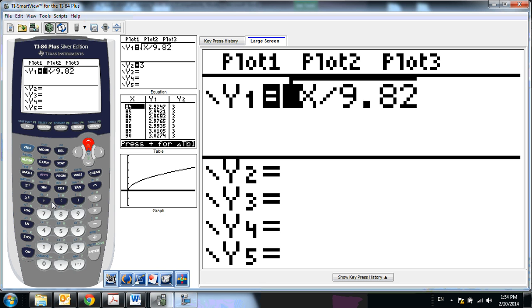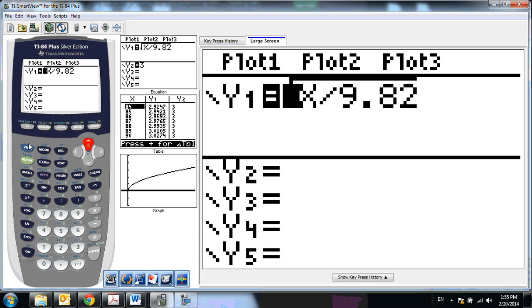All right, and then let's go look at our table. Many of you, when you go to your table, are going to be starting at low values. What are you looking for in your table? In terms of this situation, what are we looking for? 3 in which column? The y column.